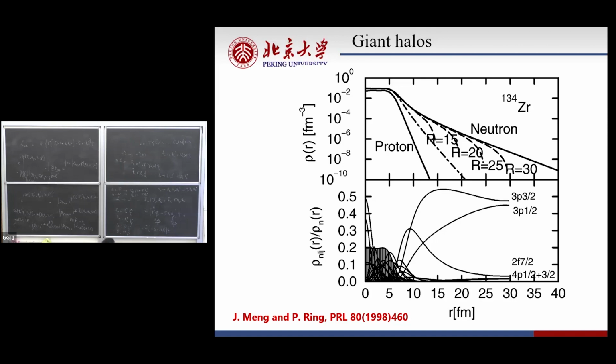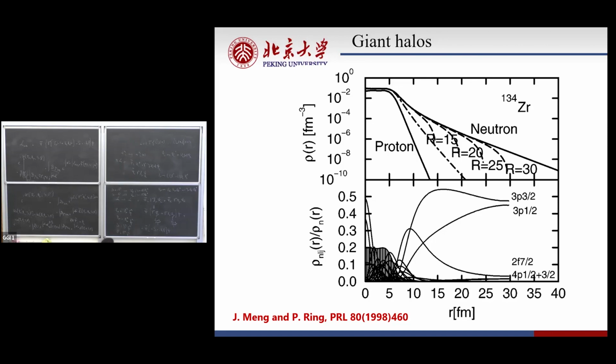Not surprisingly, you will see in zirconium-134, 3p3/2 and 3p1/2 are the main components which contribute to the tail part of the neutron density. This is also natural, because if you have an orbital with large orbital angular momentum, then you will have a big centrifugal barrier. This big centrifugal barrier will hinder the extension of the density.